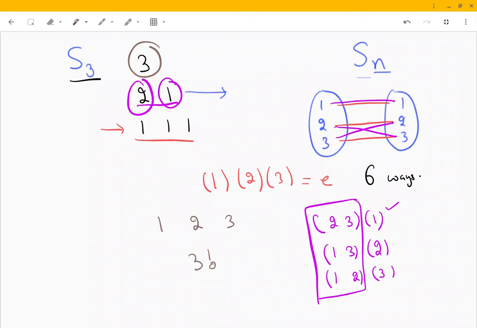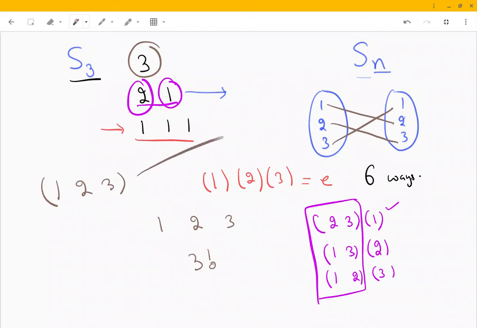But we also know that that is the total number of elements in S3. So what happened? Well, if we are taking this 3 cycle, 1, 2, 3, which technically says that 1 goes to 2, 2 goes to 3, and 3 goes to 1. This is what this represents.